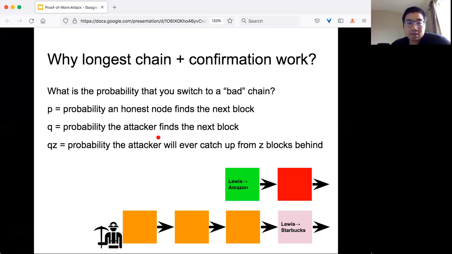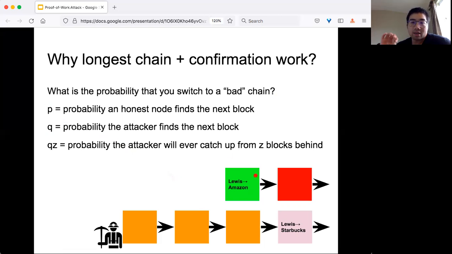The key is to compare their probabilities, which are related to computation power. P is the probability that some good node will find a block, and Q is the probability that the attacker will find a block appended to the top chain.